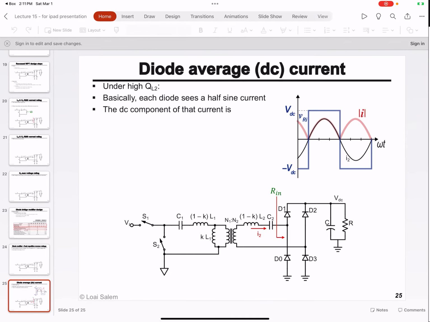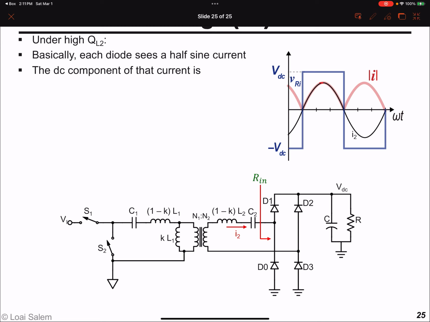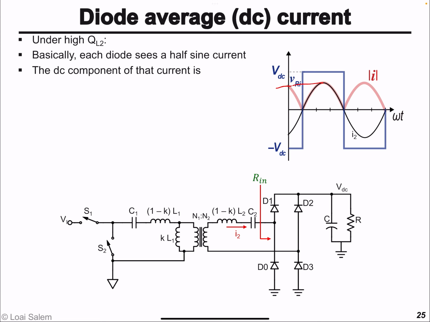Let me write it cleaner. The amplitude of this sine function, which is basically I2, is going to be square root 2 times IRMS2, and IRMS2 is equal to the square root of P out divided by R, as we did a few slides ago.